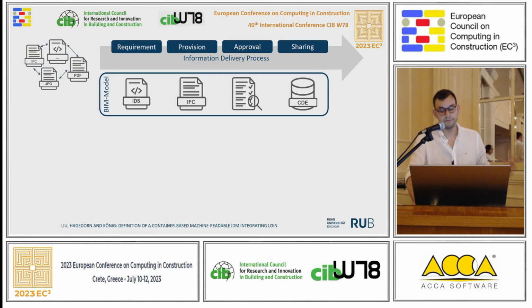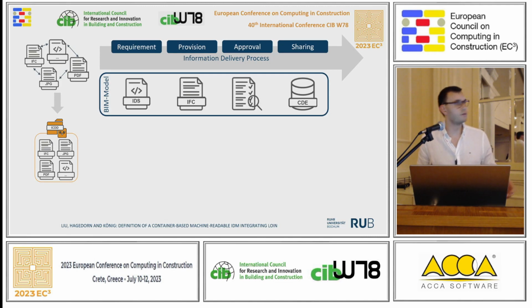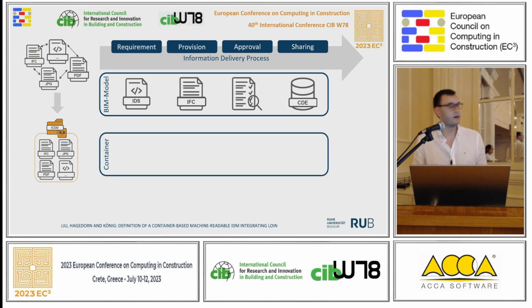And therefore, which is also pretty much my PhD research topic, we looked into information containers, specifically the information container for linked document delivery, abbreviated ICDD, which Anna also just mentioned in her presentation. And then we looked at how this process that is pretty much clear for exchanging IFC data is done when we have this information container.